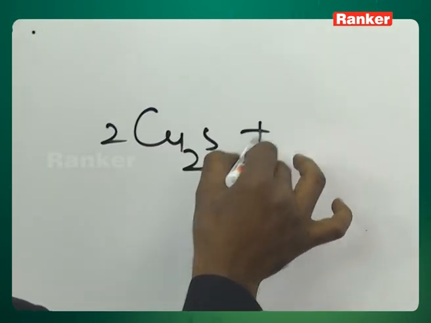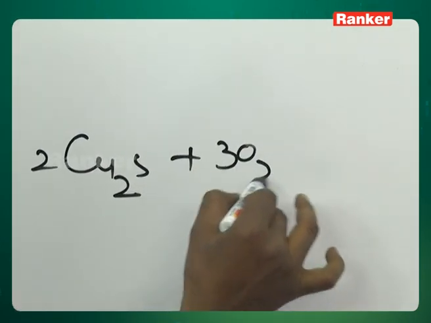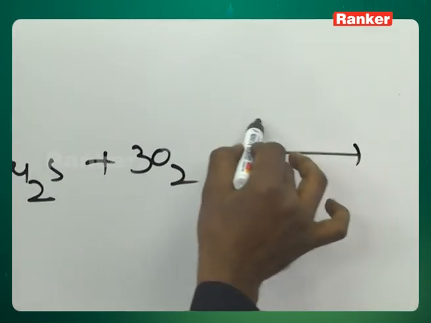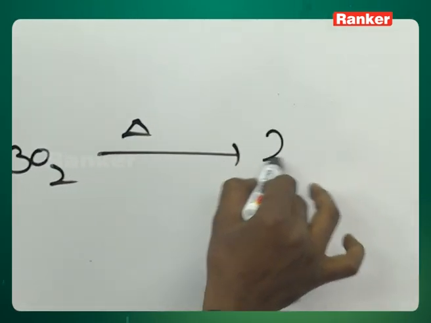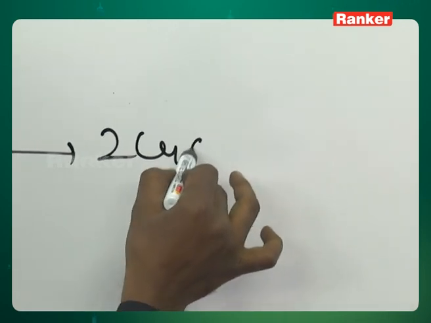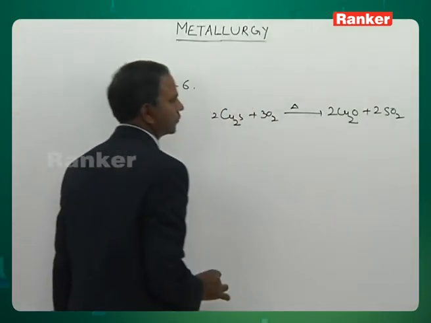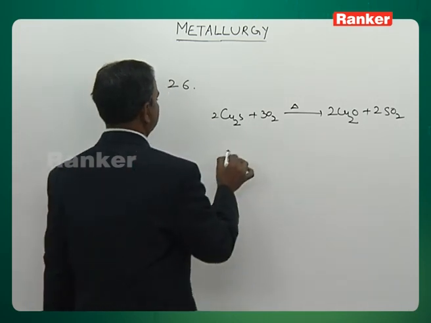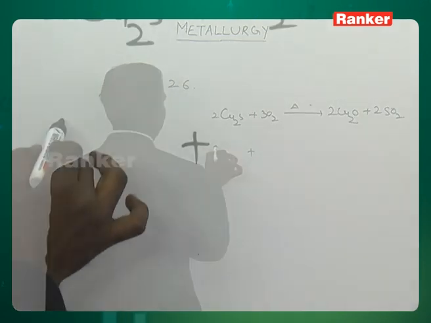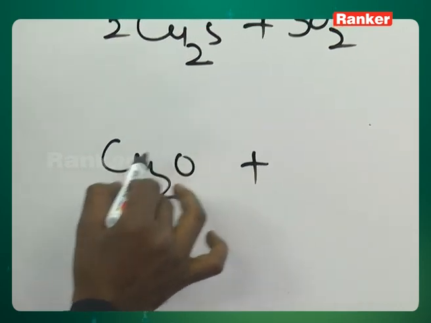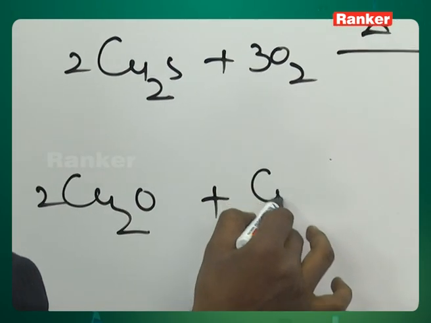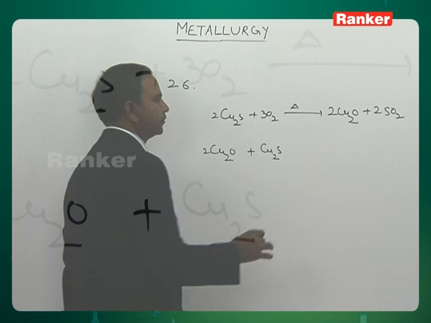Generally, take Cu2S. 2Cu2S plus 3O2, then you are getting 2Cu2O plus 2SO2. After this, the same Cu2O, 2Cu2O, again with Cu2S.